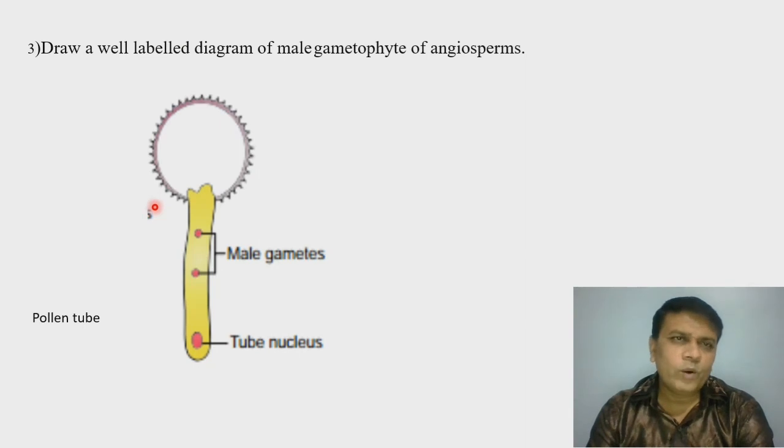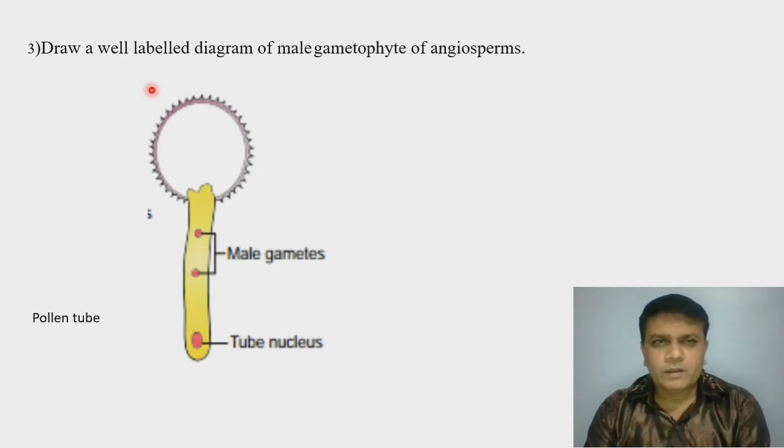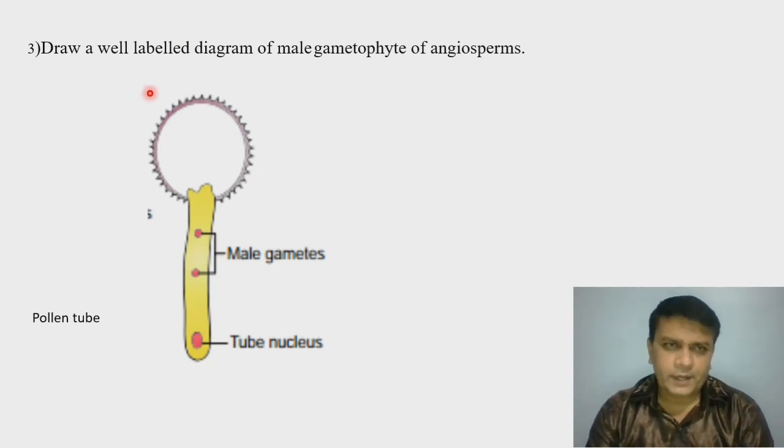So you will have to draw a diagram of pollen grain with pollen tube showing cytoplasm, then two male gametes, tube nucleus.